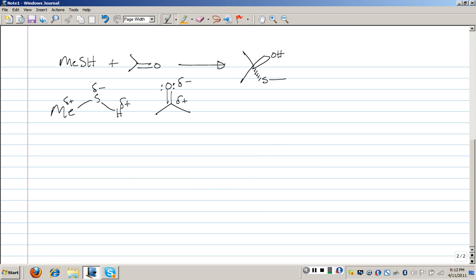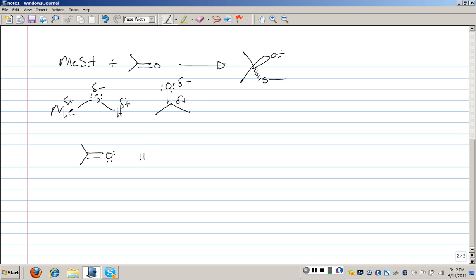So really then, I have two choices. I can either have the S of the thiol attack the carbon of the ketone, nucleophile for electrophile, and that's reasonable, because of course this S has two lone pairs of electrons on it. Or I can have the O of the ketone attack the H of the thiol. Now, this reaction will be an acid-base reaction, and acid-base reactions in general are the fastest reactions in organic chemistry as long as they're legal reactions.